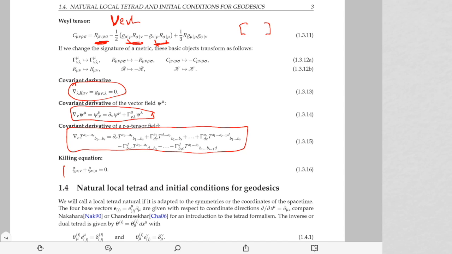Ultimately, the Killing equation will be very important to us. We don't need to discuss it now, but it's basically a statement of a property.